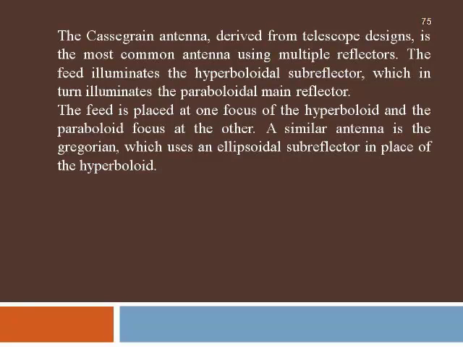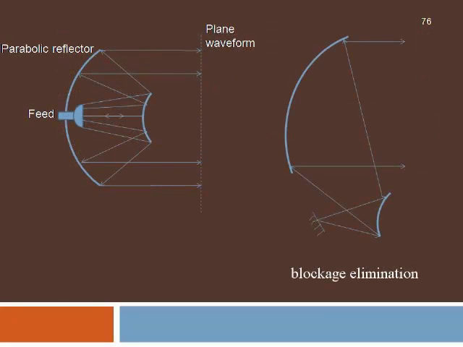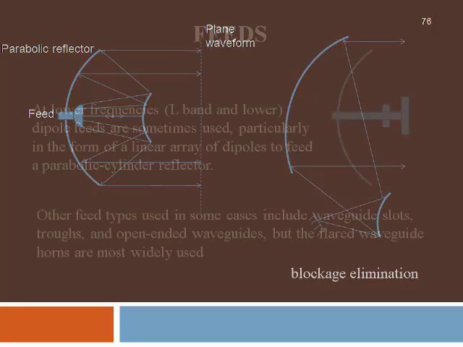A similar antenna is the Gregorian, which uses an ellipsoidal subreflector in place of hyperboloid. Here you can see the first figure representing the Cassegrain type, the second one representing the Gregorian type. In the Gregorian type, the advantage we get is that blockage is eliminated.